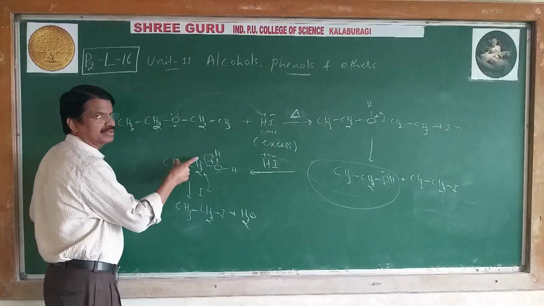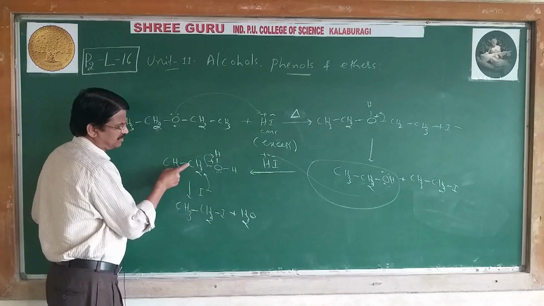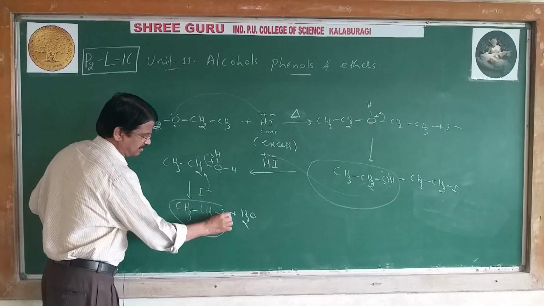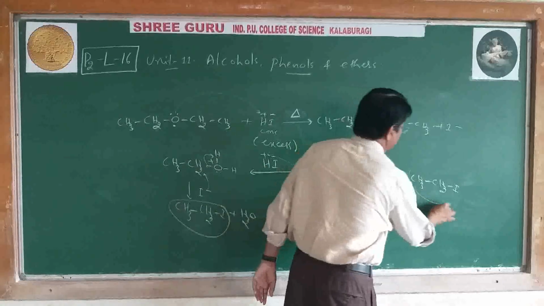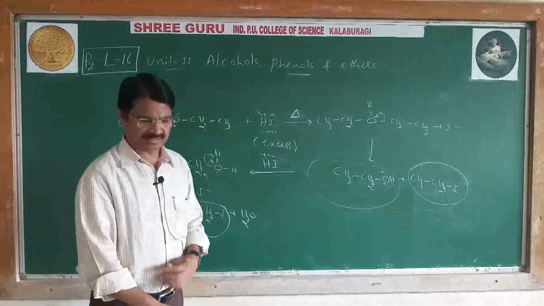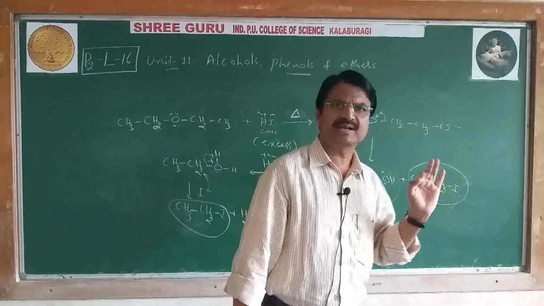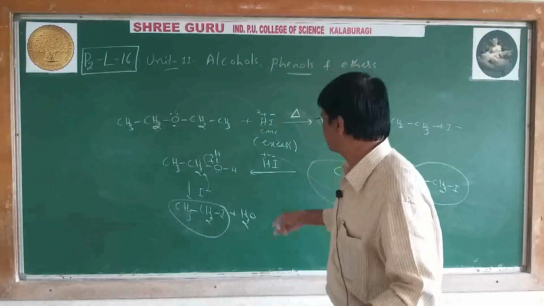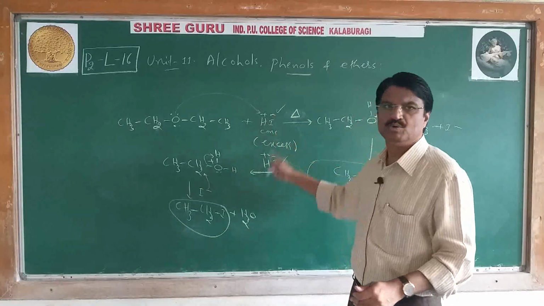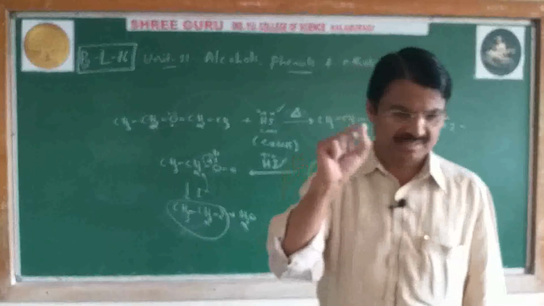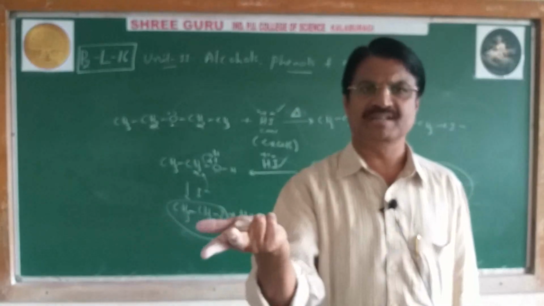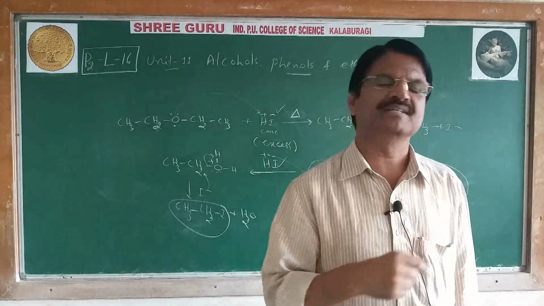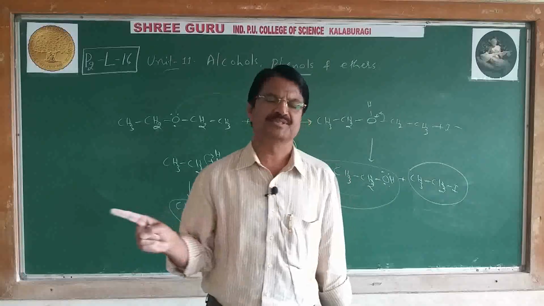Now see here, the alcohol loses H2O and becomes CH3CH2 plus, which attracts the nucleophile I minus to give ethyl iodide. So you get only alkyl iodide, and there is no formation of alcohol if excess HI is used. See here, 1 mole of HI, 1 mole of HI, 2 moles of HI used here. Therefore, in your reactions, in a theory paper or in competitive exams, if 2 moles of HI are given in the question paper, you write the answer: alkyl iodide is formed and there is no formation of alcohol.